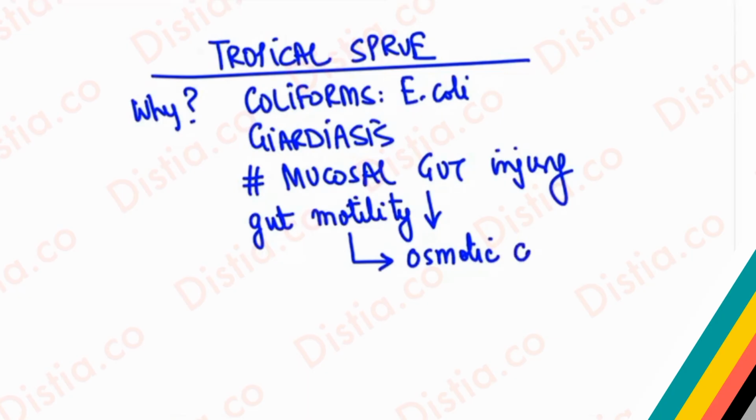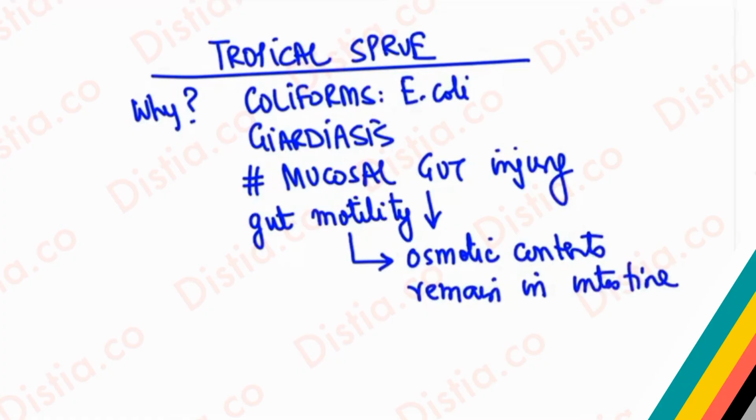The end result is that the osmotic contents remain in the intestine for a relatively longer duration, and therefore they can draw more water, and once they draw more water, the stool will be softer. That's what I meant by osmotic diarrhea occurring in the patient.